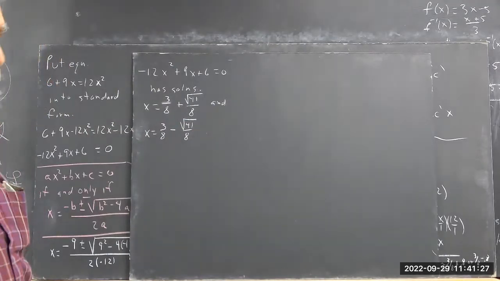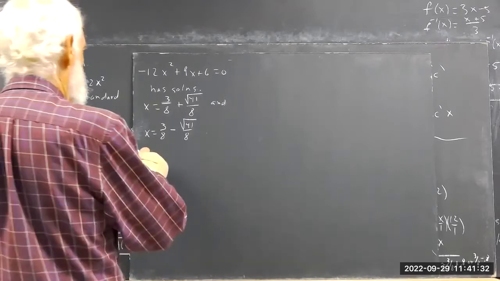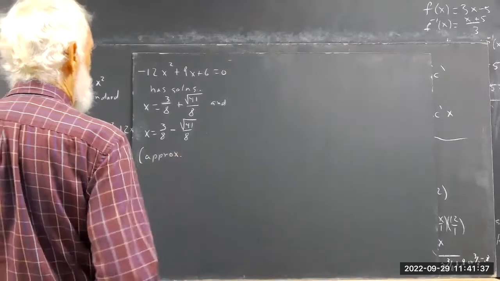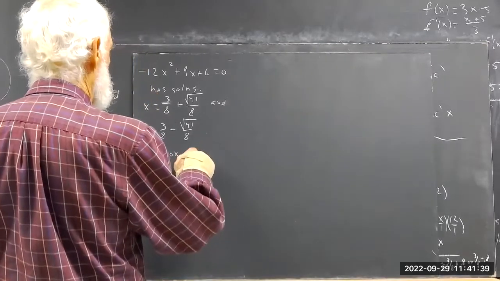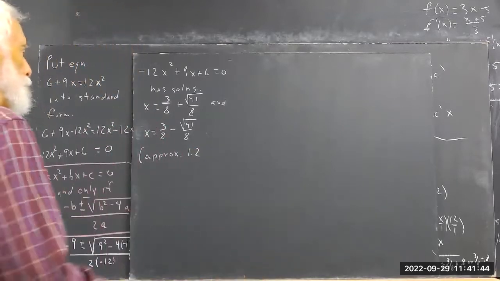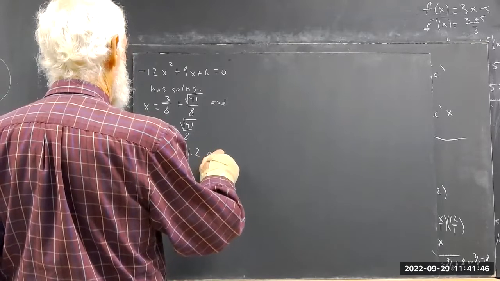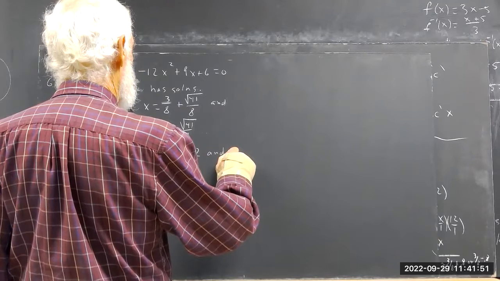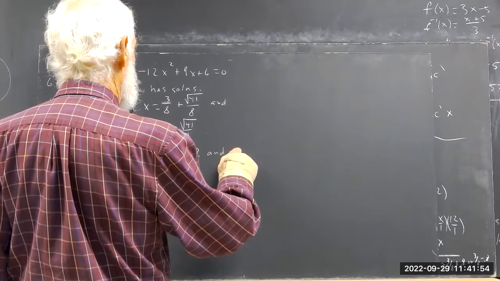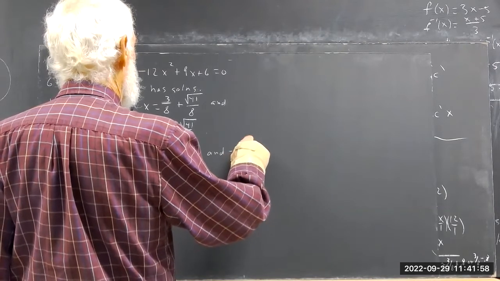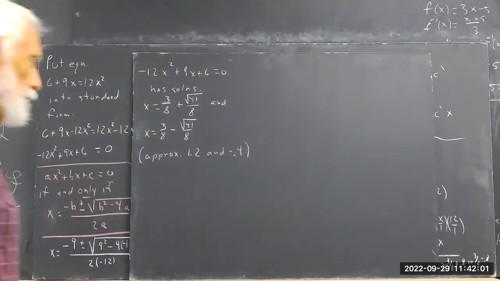Okay. And we can approximate these. Approximately, that's like 0.375, so it's 1.2. Just going to round up. Very approximately 1.2 to negative 0.4.